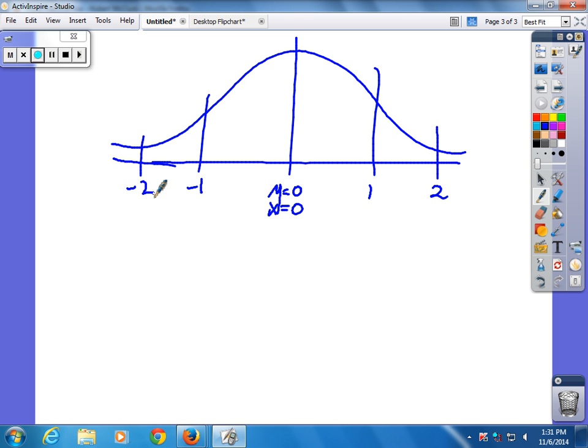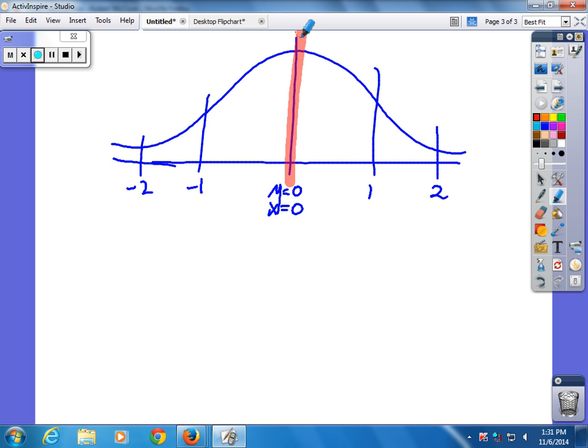This is 50%, 75, 95, and so on. I want you to take the highlighter and highlight that middle section right there. That is the 50th percentile mark.